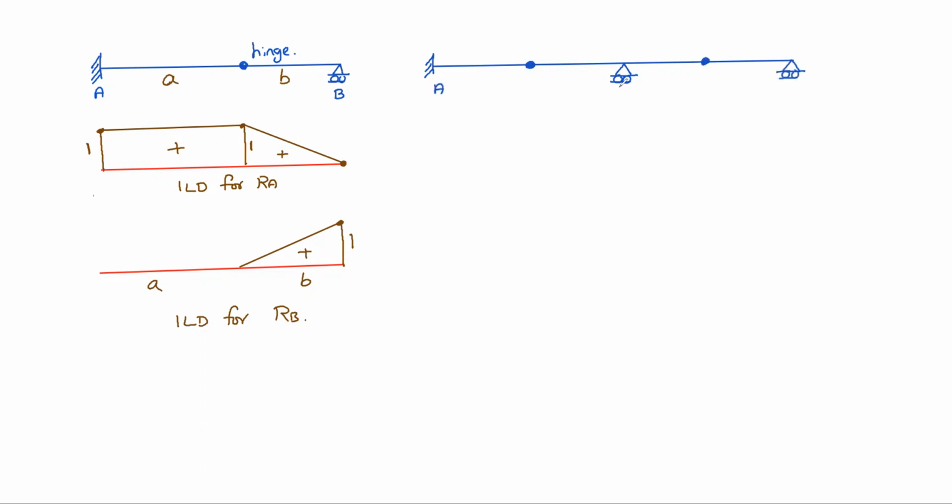A, B, C, hinge, hinge. Can have some distances also. 3 meter, 3 meter, 2 meter, 2 meter. Now I will show you the chain, I mean ILDs.